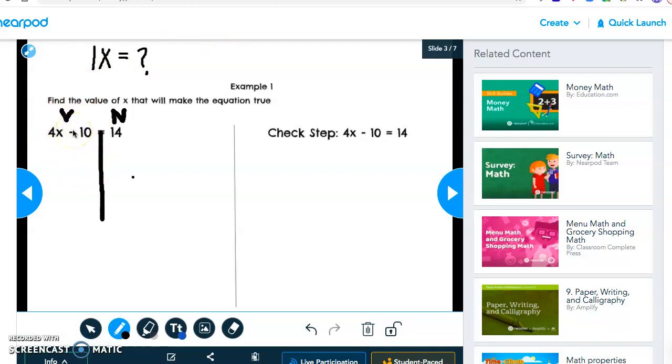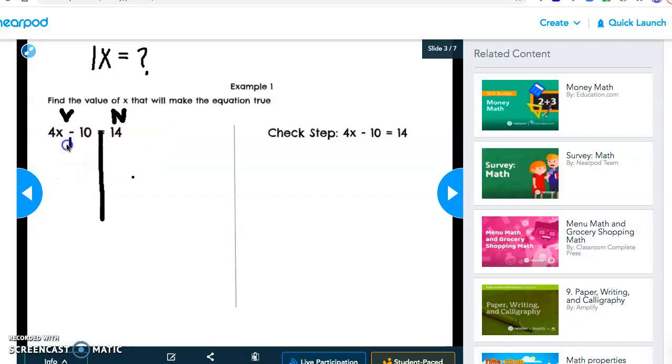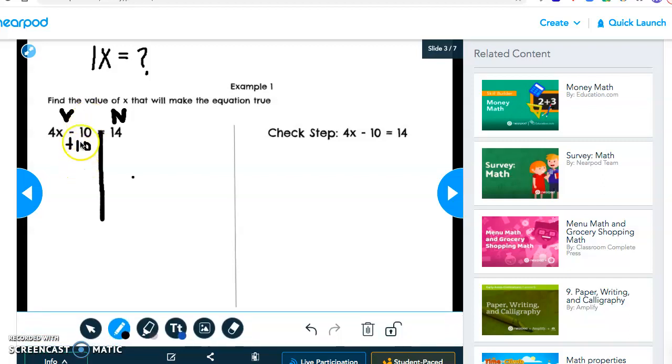So how do I get rid of this 10? Well, we want to make this minus 10 a 0. Last time it was plus 10, so we subtracted 10 on both sides. This time we have to add 10 on both sides because this is a minus 10. Minus 10 plus 10 is going to give me 0.